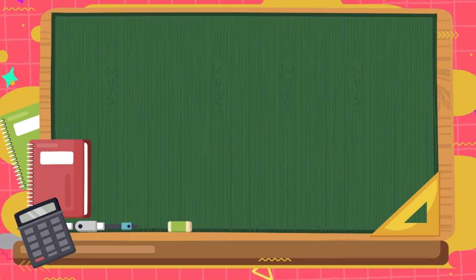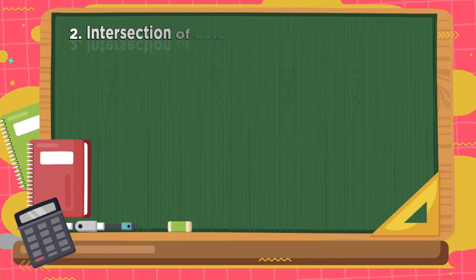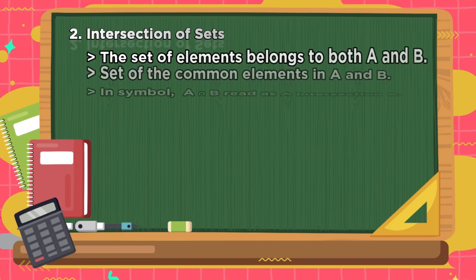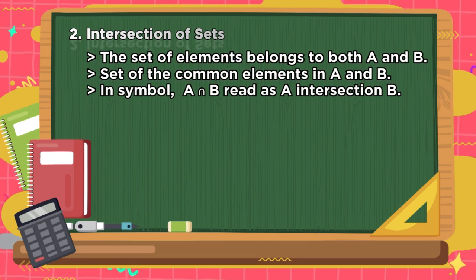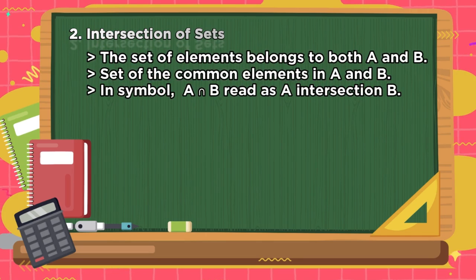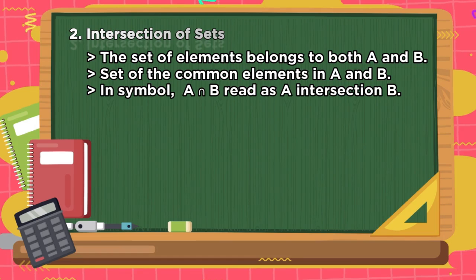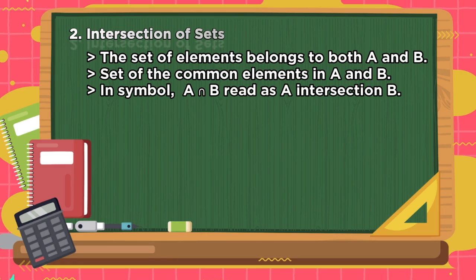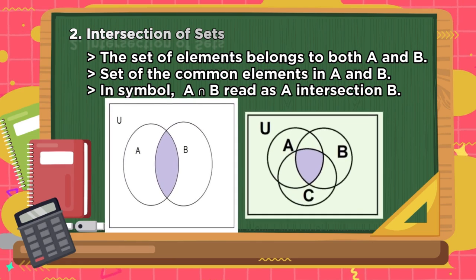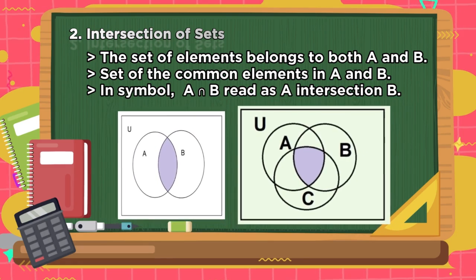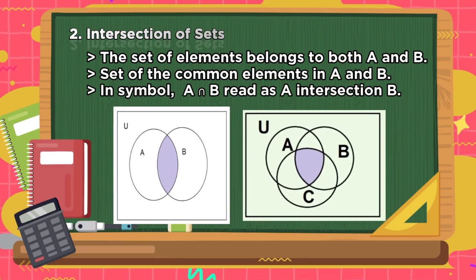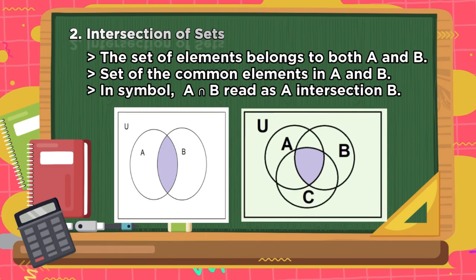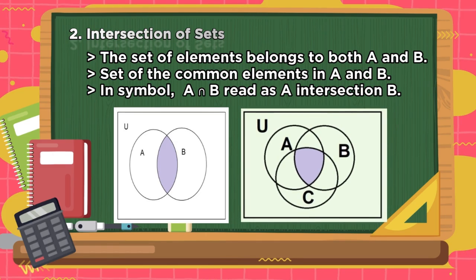Okay. Second is the intersection of sets. The intersection of sets is a set of elements that belong to both set A and set B, or it is the set of the common elements in A and B. In set notation, we have A ∩ B, read as A intersection B. As you can see in the Venn diagram, in figures 1 and 2, the violet shaded region is the intersection of two or more sets.